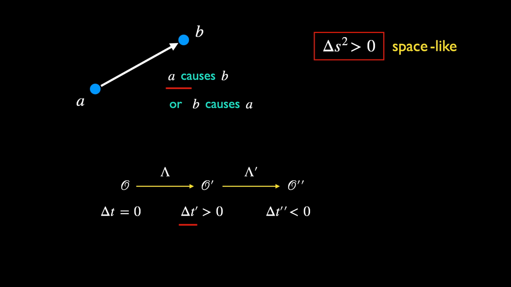Thus we have found two observers, O' and O double prime, who would have come to opposite conclusions on the causality of events. This is the causality paradox, and is the reason why a particle could not travel along a space-like trajectory.